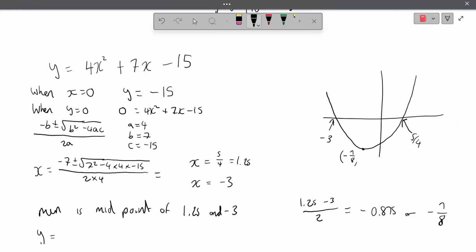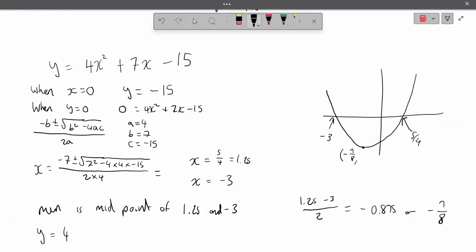So what about for y? Well, y equals 4 lots of minus 7/8 squared plus 7 lots of minus 7/8 plus minus 15. Put in a calculator, and we get minus 289 over 16, or minus 18.0625. Now I keep it as a fraction, not particularly nice.